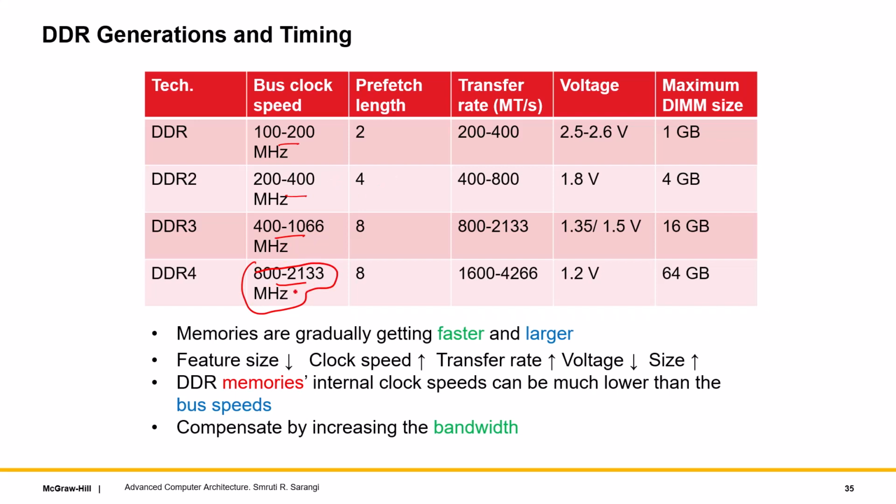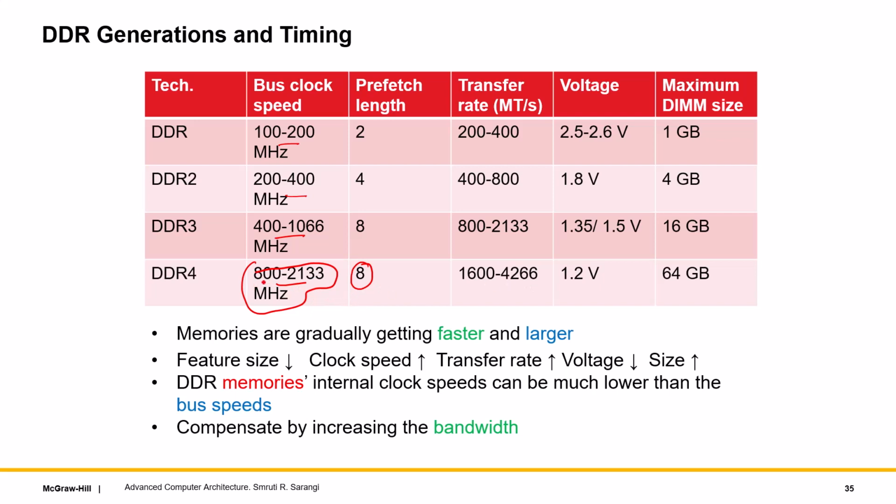So it has a very high bus clock speed. The prefetch length, however, has saturated to 8, which is 8 subsequent bits. And the transfer rate, as I said, means that you are transferring 2 bits per bus clock, right? For a single clock cycle, you are doing 2.